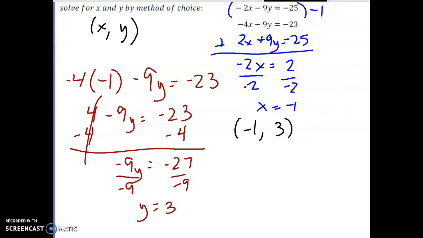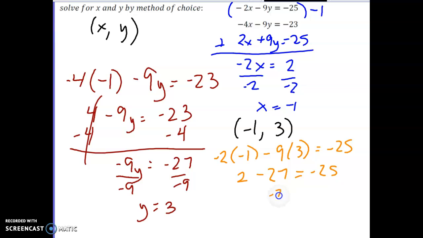Okay, if we were going to check this one algebraically, let's do that instead of graphing this time. So let's substitute in negative 1 for x and 3 for y in that top equation. All right, and if I type this in my calculator, I'm going to get 2 minus 27.